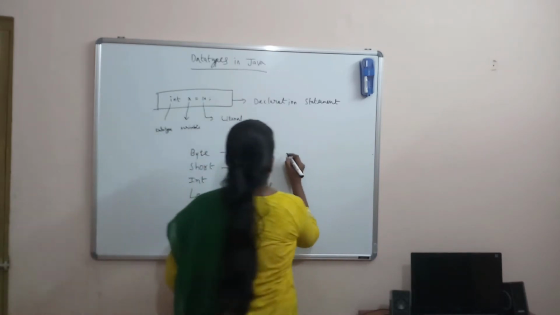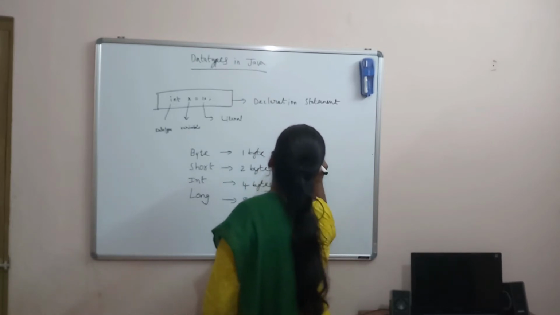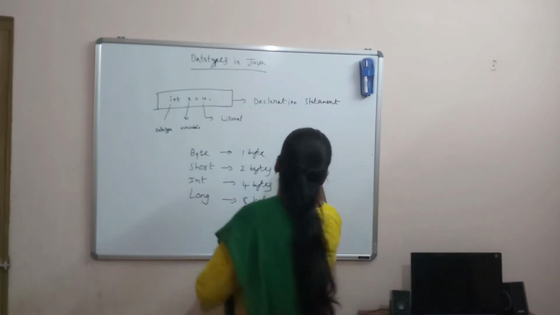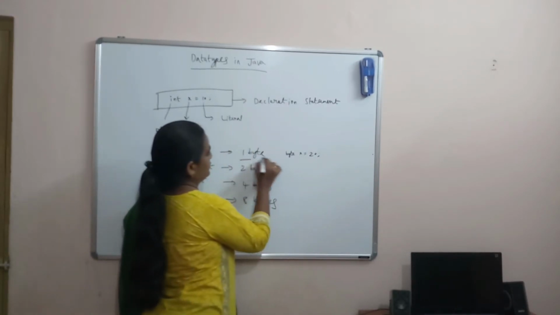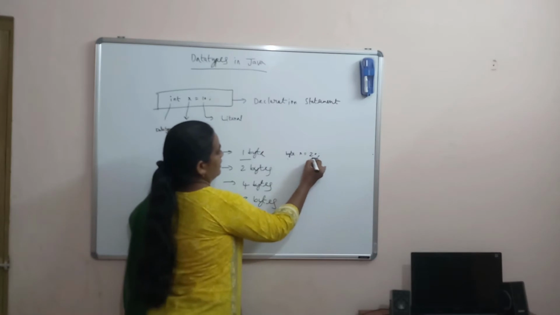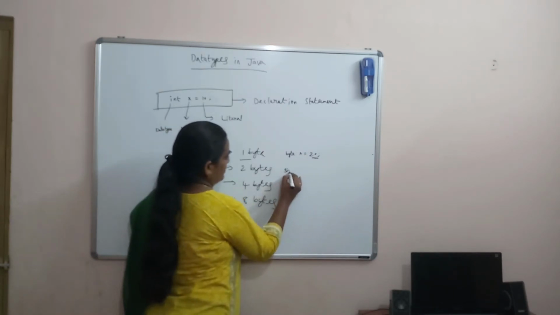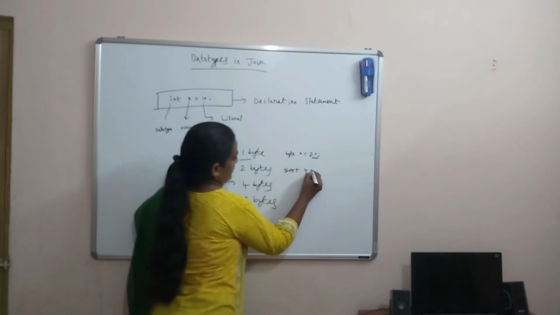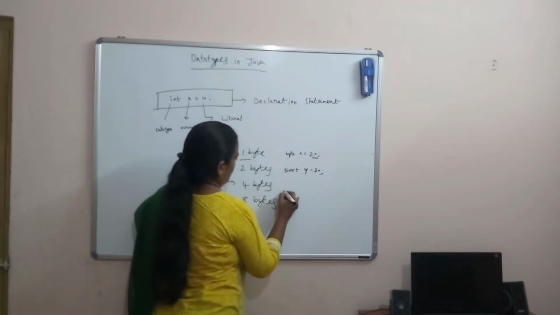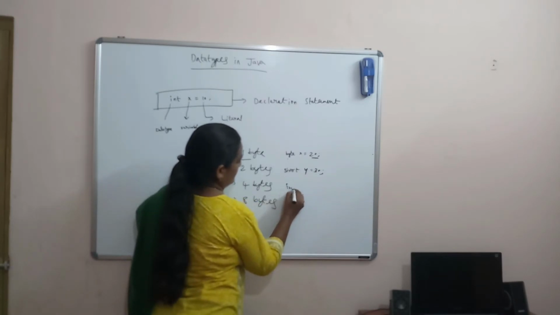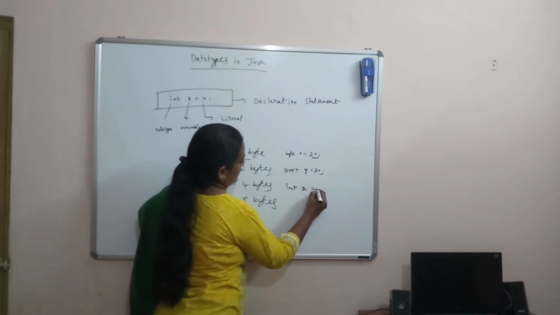suppose I take byte x equal to 20. One byte is enough to store the value 20 into x variable. Here I need to take short y equal to 30 like that. int z equal to 50.